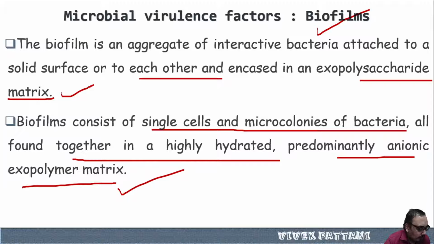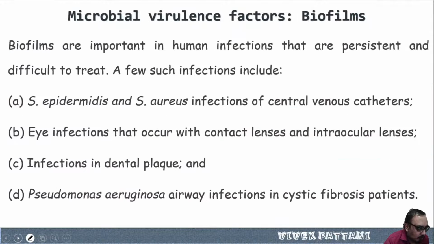Biofilms form a slimy coat on solid surfaces and occur throughout nature. A single species of bacteria may be involved, or more than one species may co-aggregate to form a biofilm. Biofilms are important in human infections that are persistent and difficult to treat.